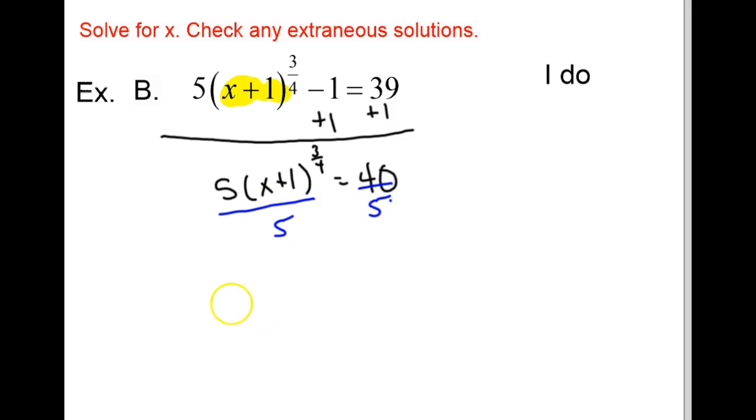And, whoa, now I get (x plus 1) to the 3/4 is equal to 8. And now I've got to go figure out my reciprocal.